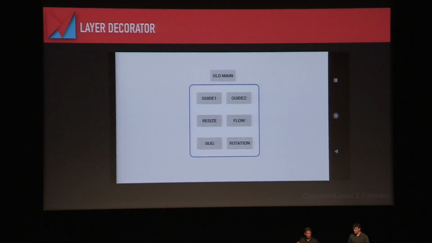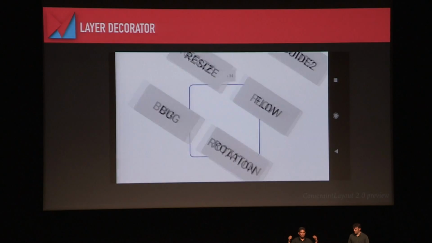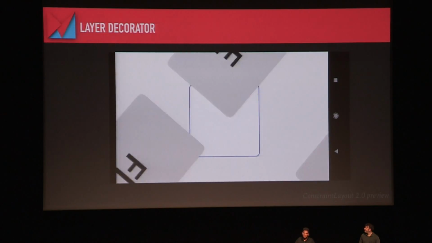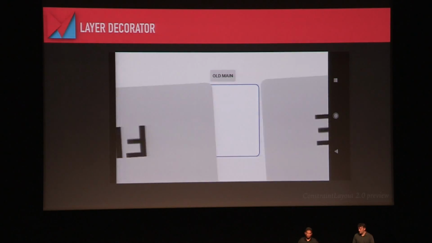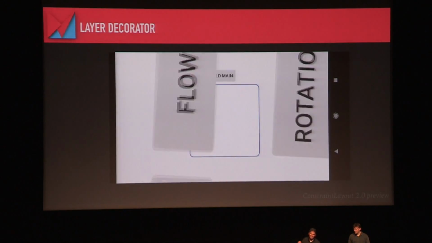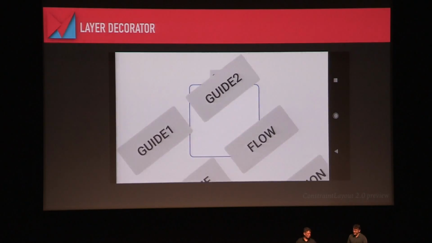But in fact, it's not nested. It's a flat hierarchy. So you can actually just move those any way you want. They're independently being transformed by the layer code. I mean, that's a silly example, but it proves the point.